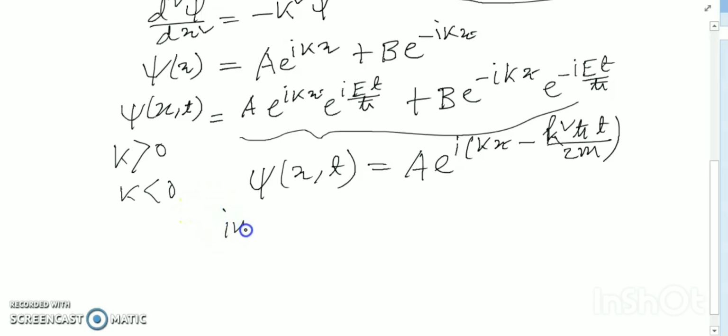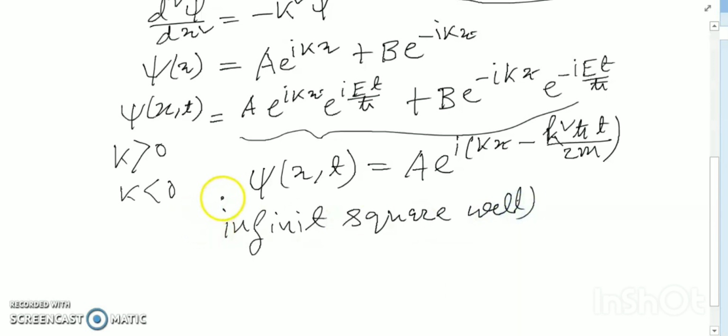Remember, you will study that infinite square well. This topic I need to discuss in my channel. Then I will discuss quantum oscillations, we need to work on the quantum harmonic oscillator.